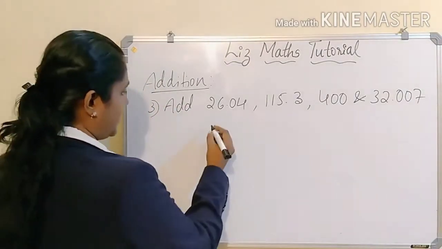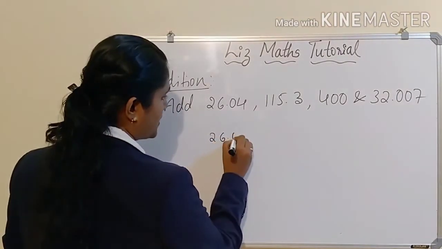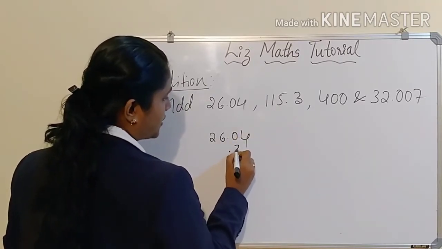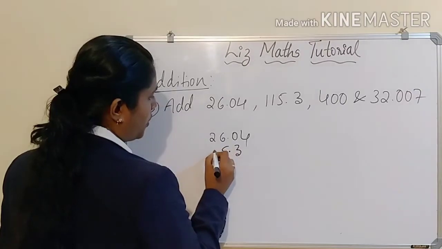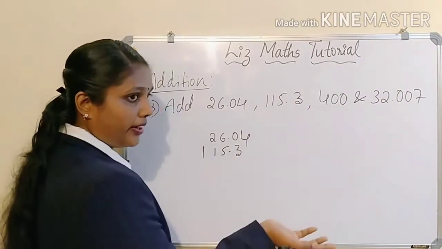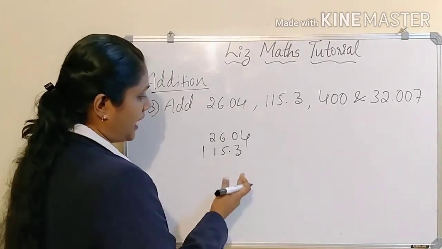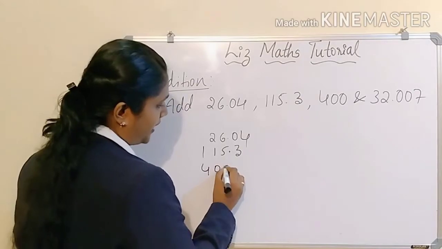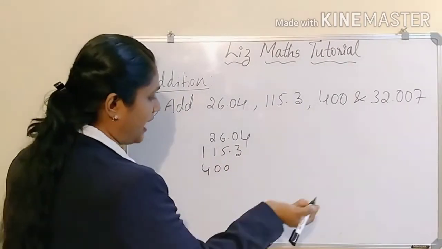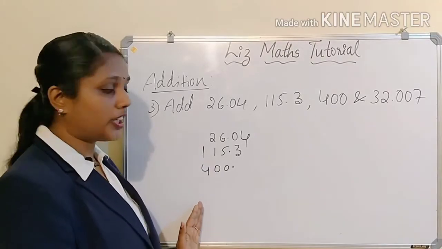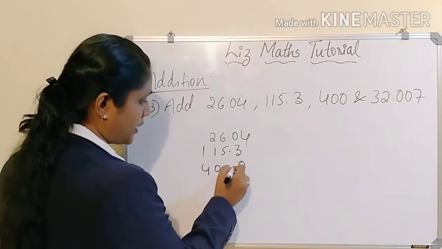Now write it in order: 26.04, and here you maintain this point here, 3 here, 5, 1, 1. Next here 400, you don't have that fractional part, so write only the integral part, that is 400. And here after the decimal point, you don't have any digits; to avoid confusion you can put 0.0 if you want.